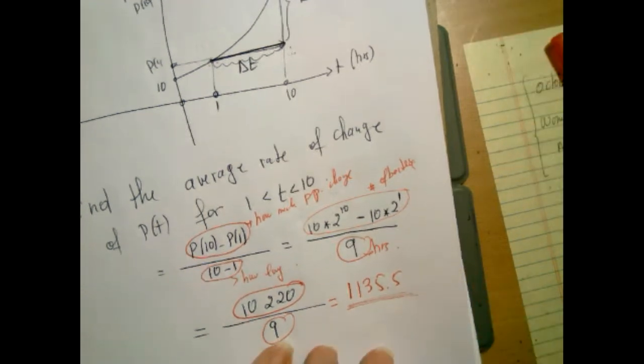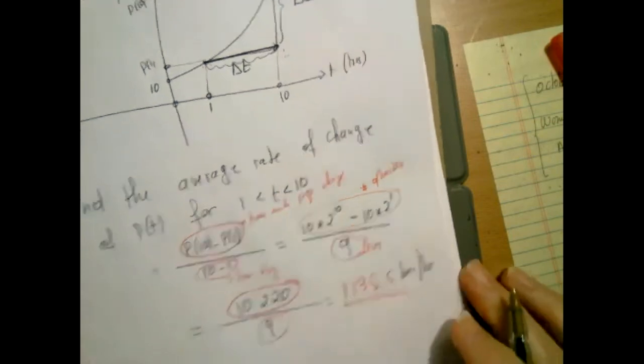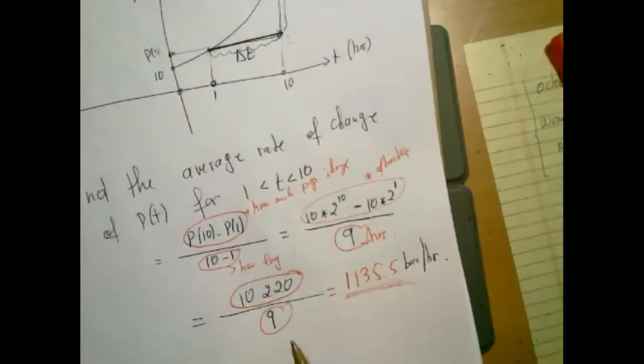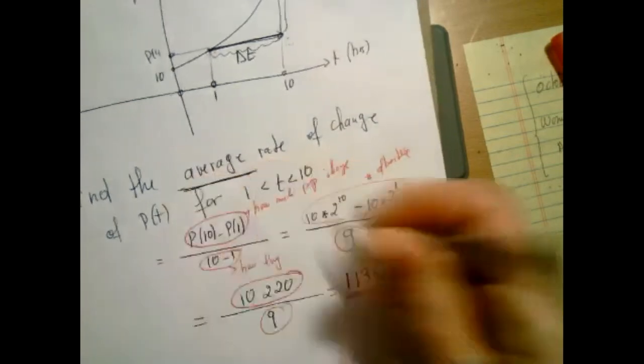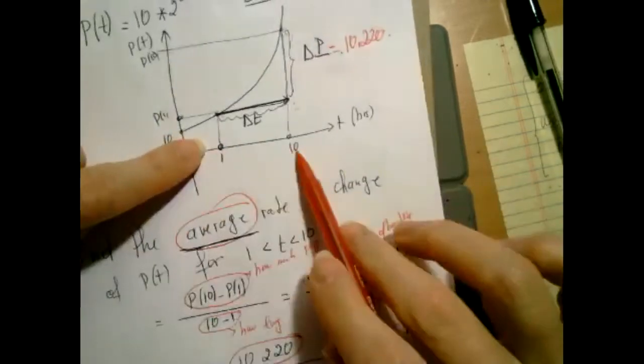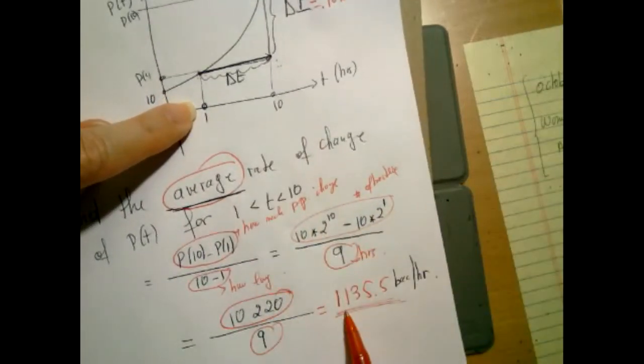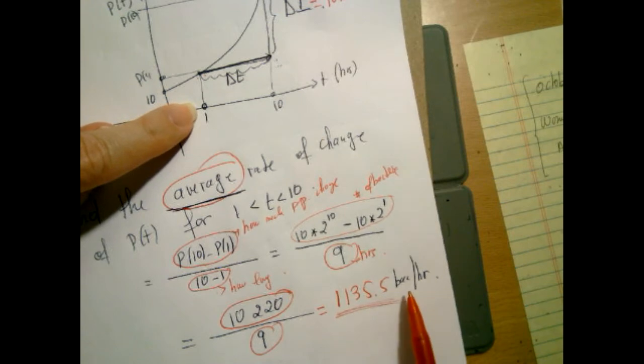It's bacteria per hour. And that's crucial. The word average here is crucial. It means between t equal to 1 and t equal to 10, those bacteria were growing on average 1,135 per hour. And that's the average.